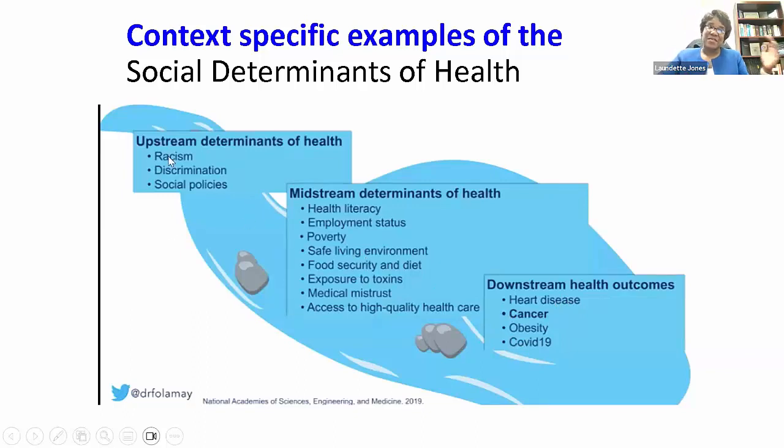And then a lot of the things that oftentimes are at the structural level is what we call upstream determinants of health. And those are things such as racism and discrimination and social policies. So these are just context-specific examples of the social determinants of health that can also impact a person in their space of health.